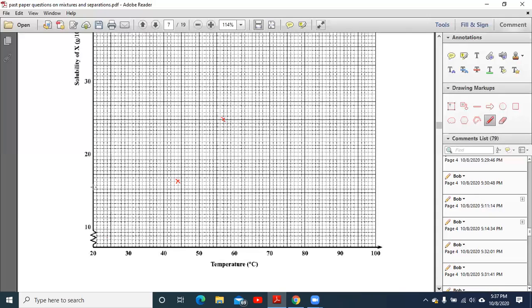Just recheck that. 15, 16, 16.5. So we have an approximation. We could draw it a little bit above the line if we're looking for exact 16.7.